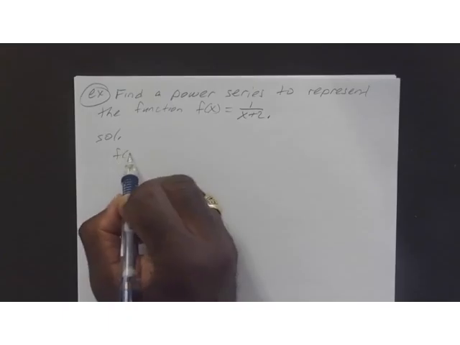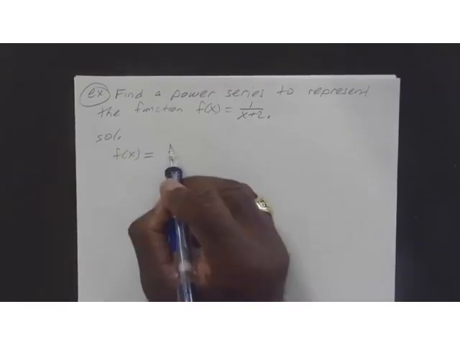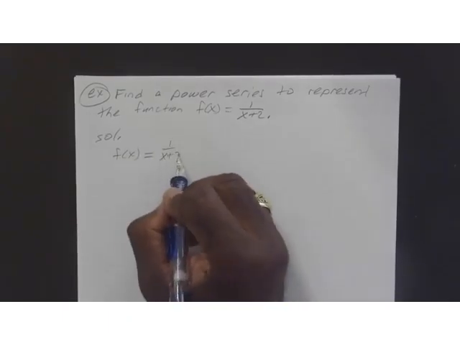So we know that we have f of x is equal to 1 over x plus 2.